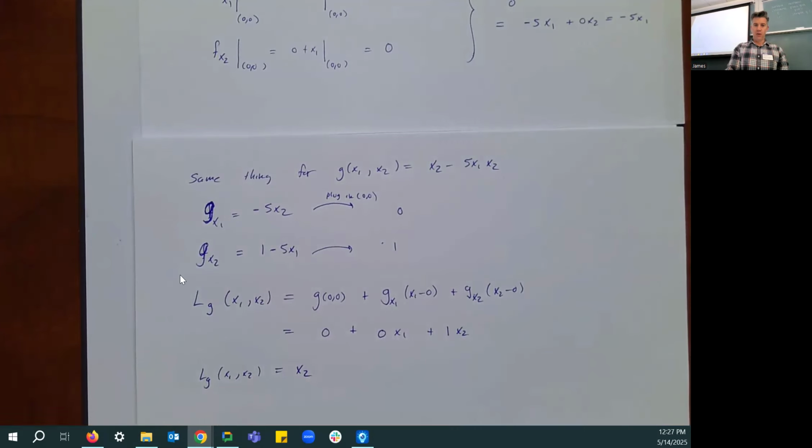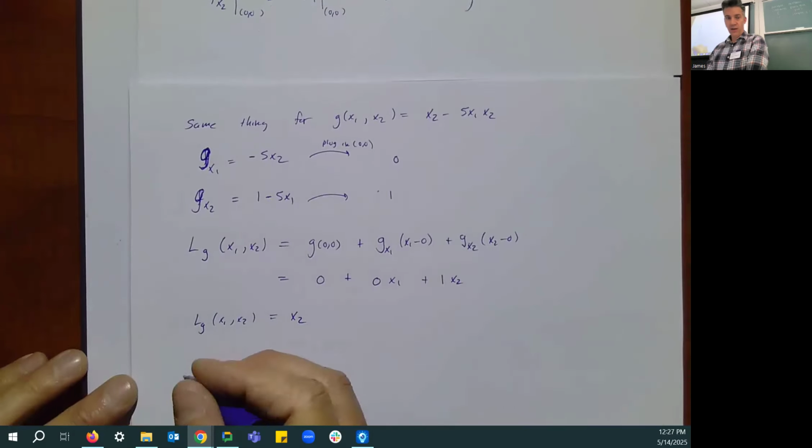Okay, so we could write this linearization as a matrix equation. Actually, I could say we could write both linearizations simultaneously as a matrix equation. So here's the way we actually do it.